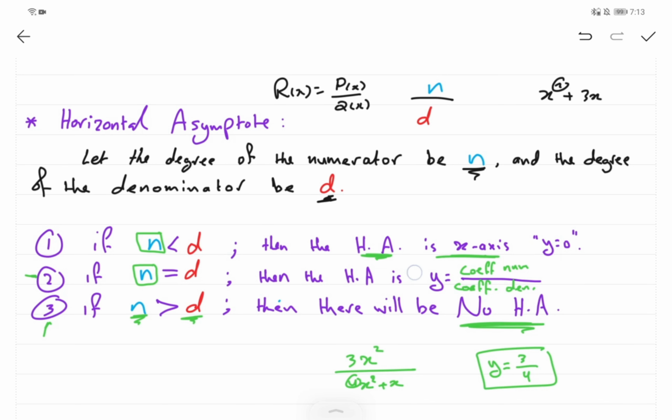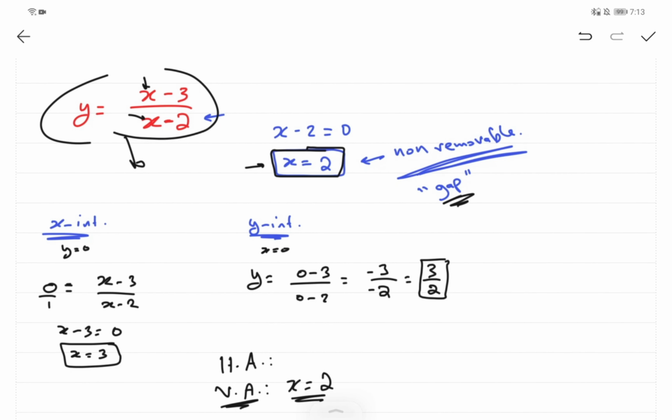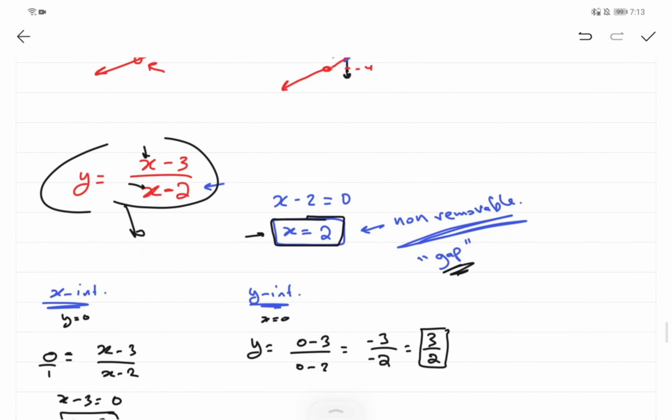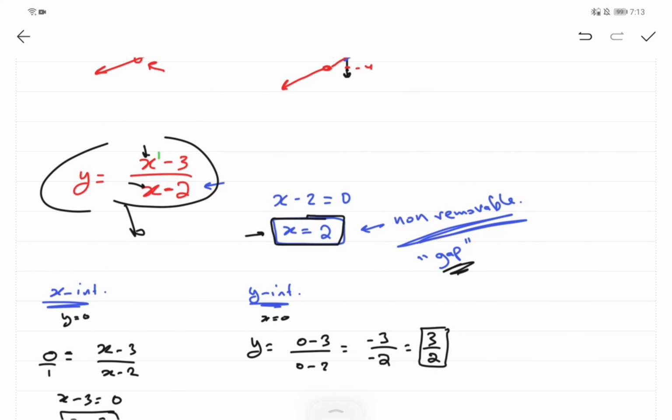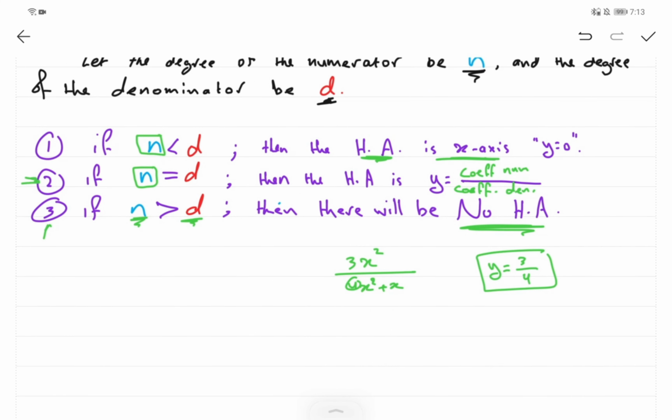Now, let's go back to our example to see which situation is satisfied. The degree of the numerator here is 1, and the degree of the denominator is 1 as well. So in this case, we need to go to the second rule, and since they are equal, we need to take the coefficient of the numerator and divide it by the coefficient of the denominator.